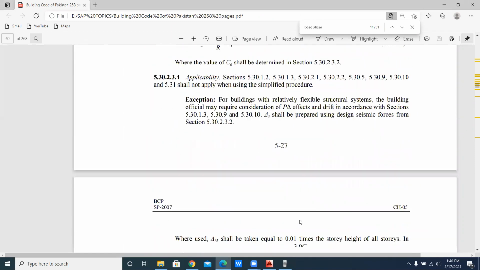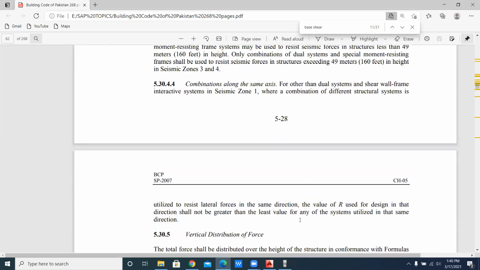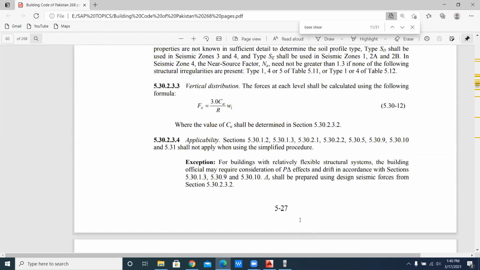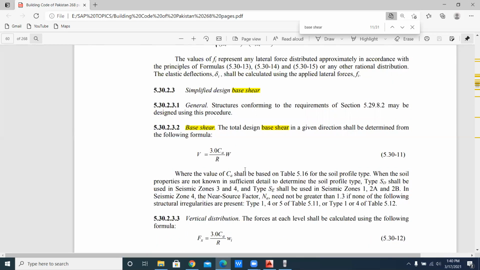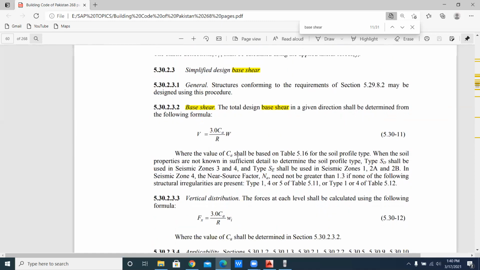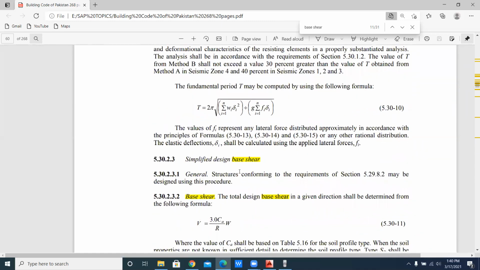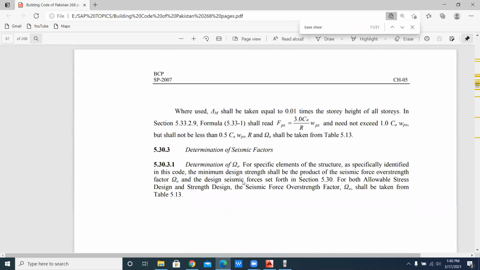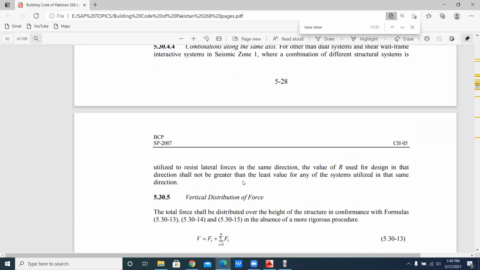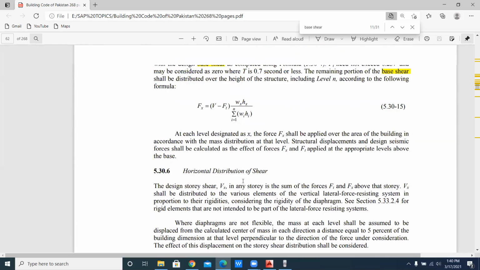That is definitely less than this value, 0.7.